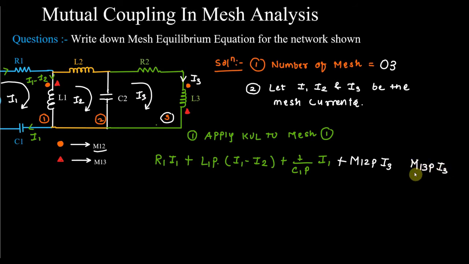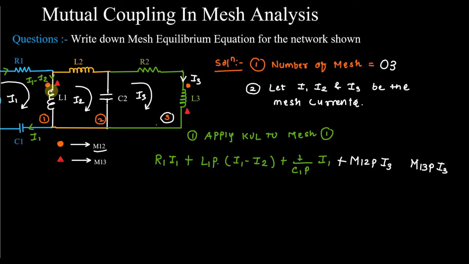Now the first step is the value, the second step is the current. Now the third step, what will we do? We will assign the sign, whether it is positive or negative. So we have to see whether that current is positive or negative. You can see that we are writing for this triangle. The current through this coil is I1 minus I2, and that current is entering towards this coil L1. And the second current I3, this current is leaving the coil L3.